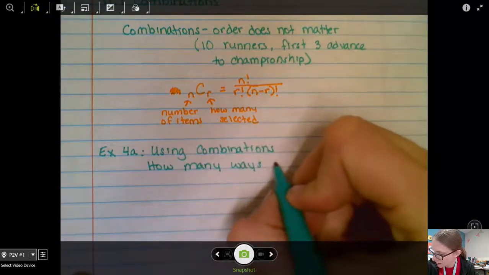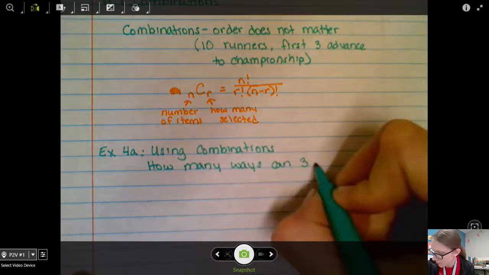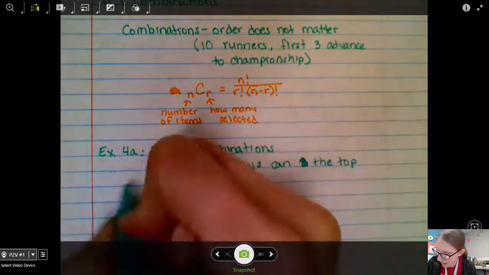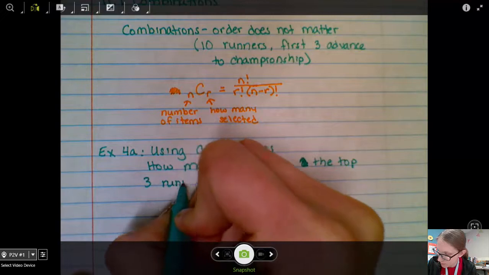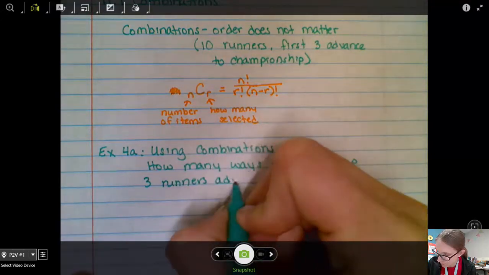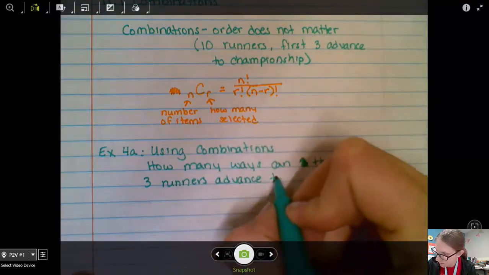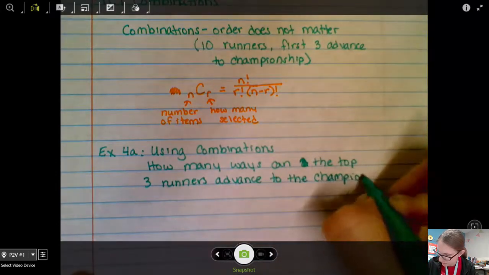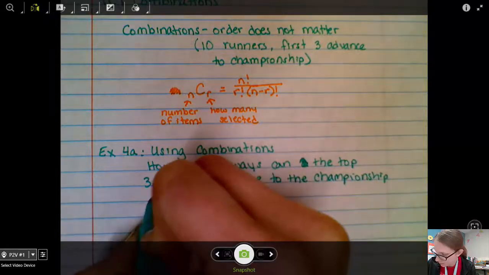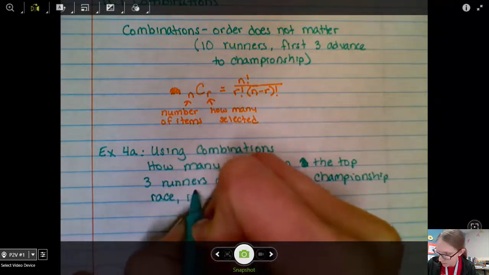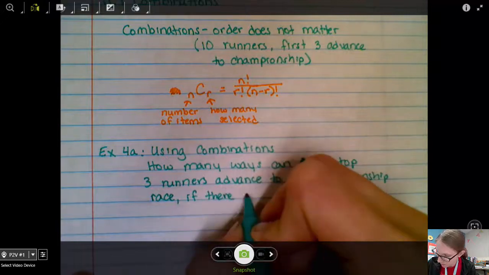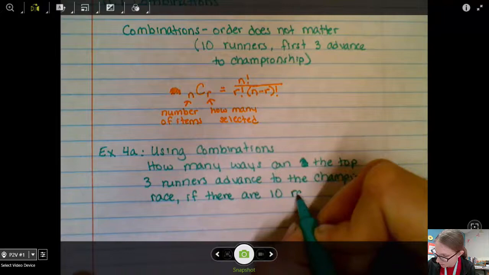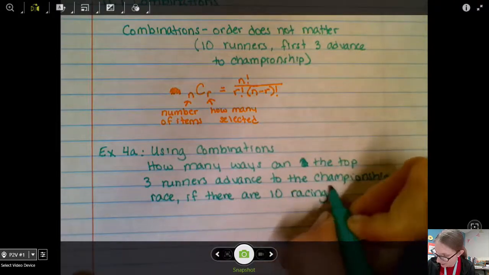How many ways can the top 3 runners advance to the championship race if there are 10 racing?